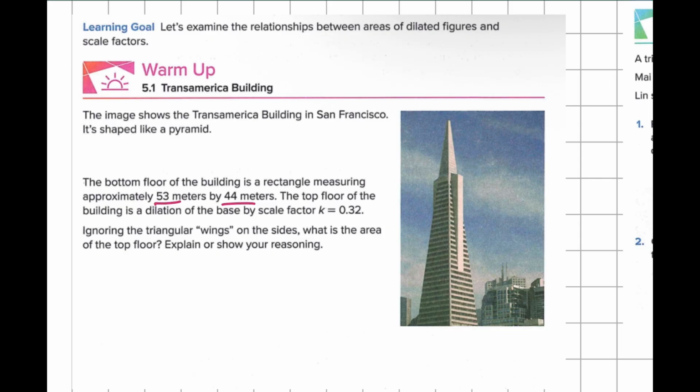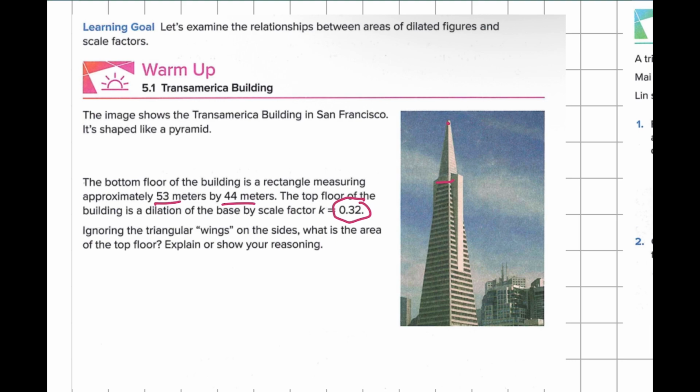The top floor of the building is a dilation of the base by the scale factor of 0.32. That's below 1, meaning this floor is smaller than that bottom floor. They may be talking about this floor, but it doesn't matter. It's smaller. Ignoring the triangular wings on the side, what is the area of the top floor?